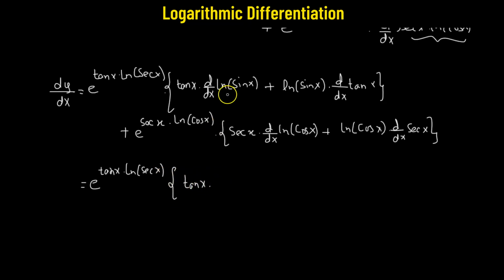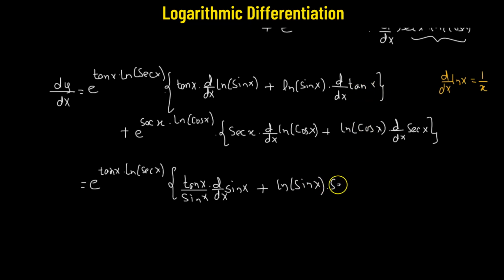Now we have to take the derivative of the logarithmic function. So we know that the derivative with respect to x of our logarithmic function log of x is given by 1 over x. So that means we have the derivative of log of sine x, so that's 1 over sine x. This will get multiplied to the derivative with respect to x of sine x, plus log of sine x multiplied to the derivative of the tangent function.